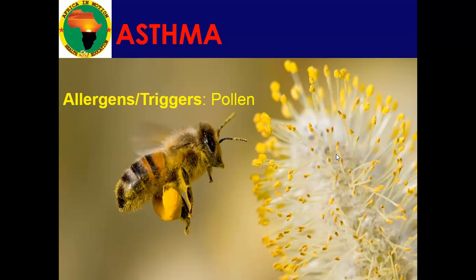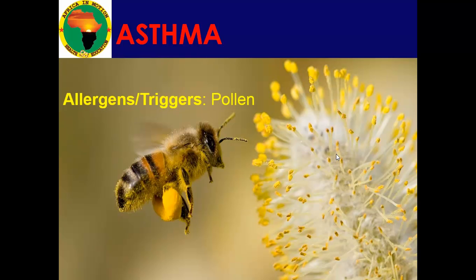The bees like to come and collect them for their fabrication of nutrients and honey. But if you breathe them in and you are prone to develop asthma, it will create a reaction in the respiratory tree. Then asthma will start again.